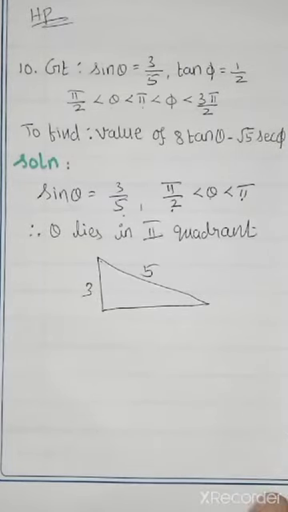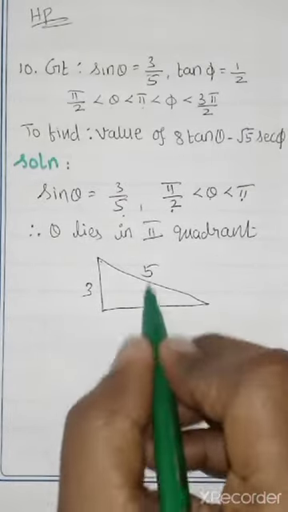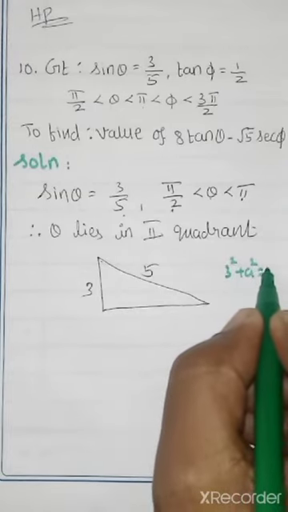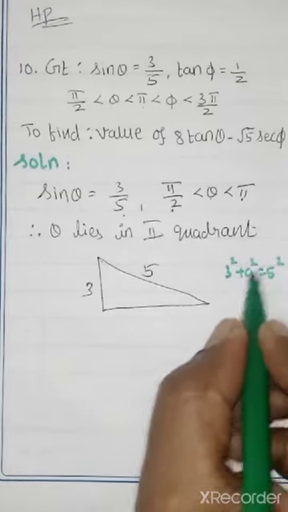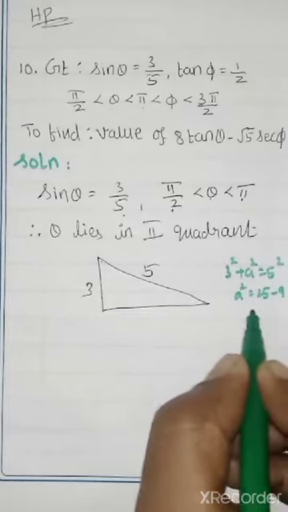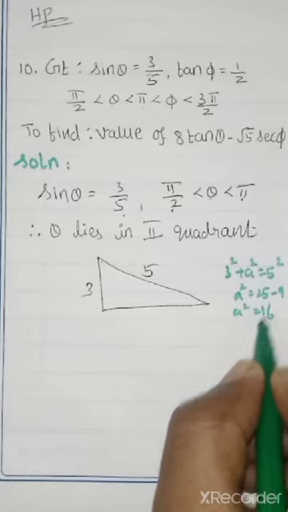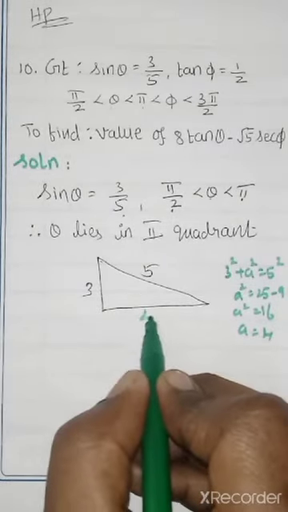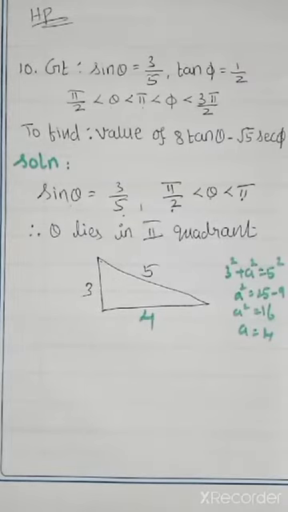Now, I can do this as a rough column: a² plus b² equal to 5². So, a² plus 3² equal to 5². Now, a² is equal to 25 minus 9, that is 16. So, a equal to 4. So, what is your third side? 4.